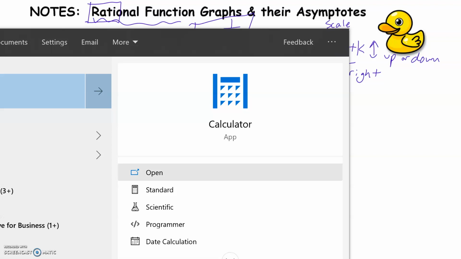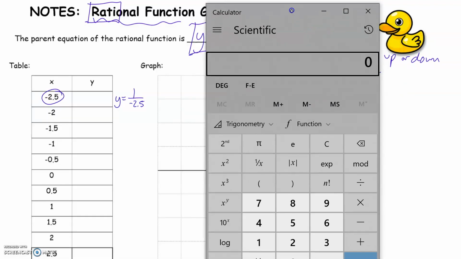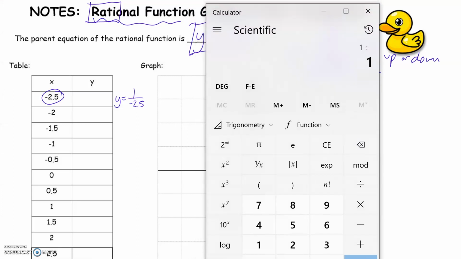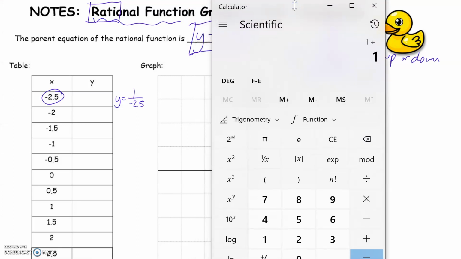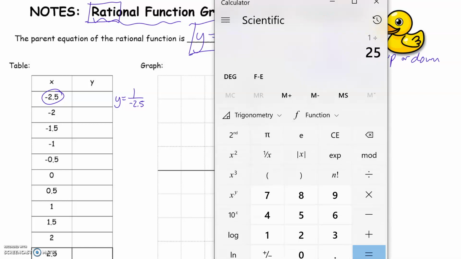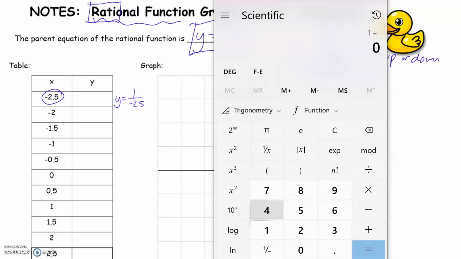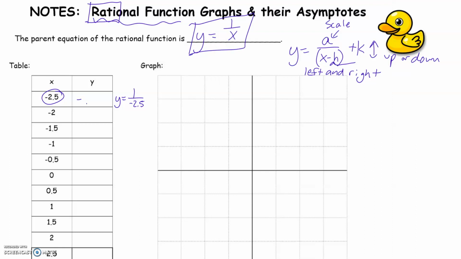So let's go ahead and we're going to take 1 and divide it by negative 2.5. And that would end up giving us negative 0.4. So that's going to be our first value here.